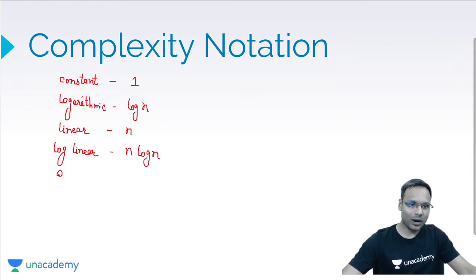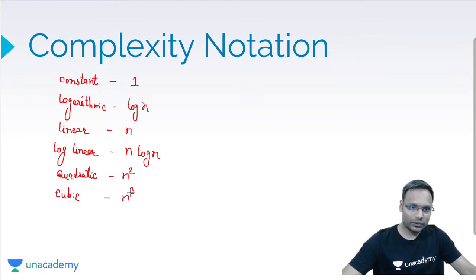Then you have quadratic, which is n square, and so on. Next is cubic, which is n to the power 3. Then ultimately you have the biggest one, exponential complexity, which is 2 power n.